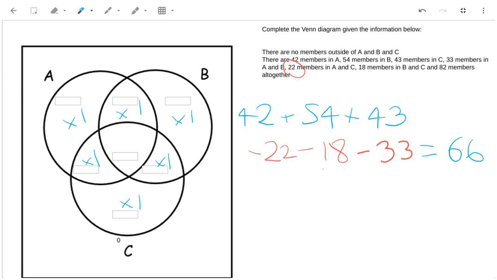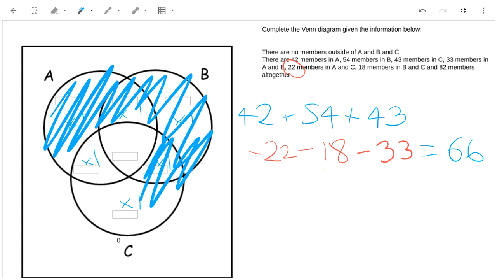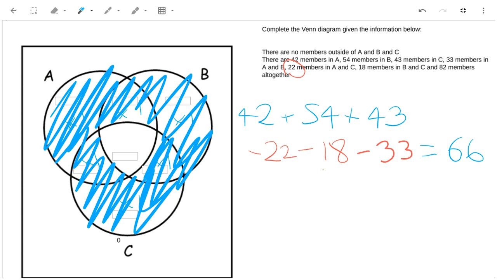So there's 66 people in that area there. And if I compare that with the 82 altogether, that tells me that the middle zone must be the difference, which is 16. So there are 16 people in the middle.